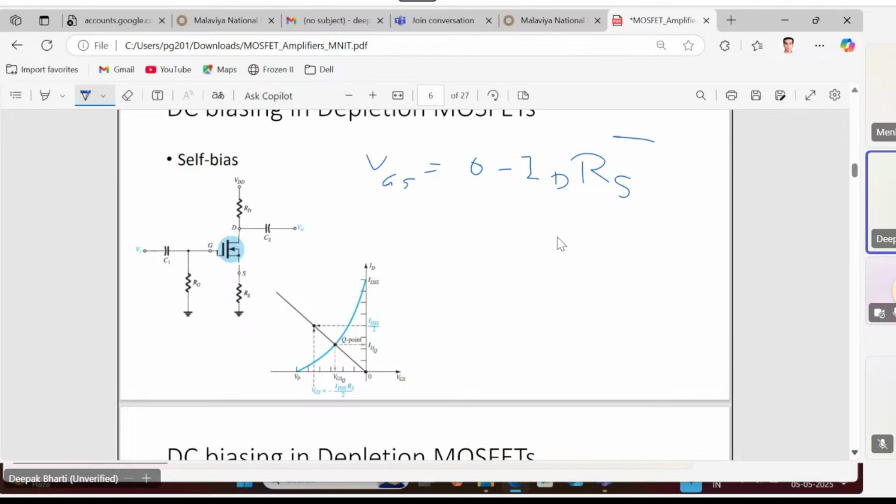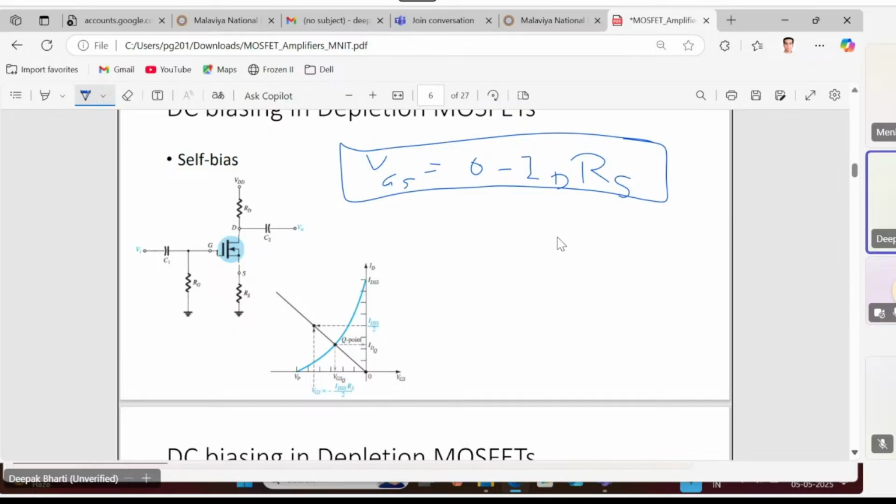Now if you notice, this is the equation of a straight line, like y equal to mx plus c. Here c, of course, is 0, the intercept is 0. The y-axis is the ID axis and the x-axis is the VGS axis.